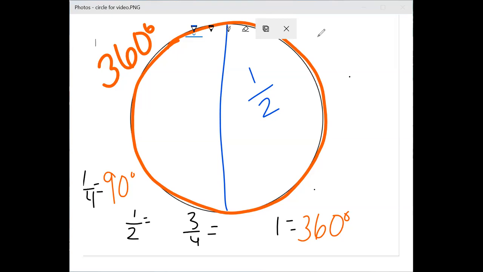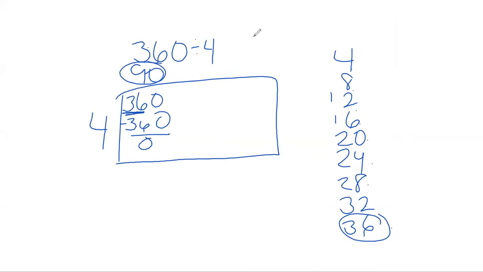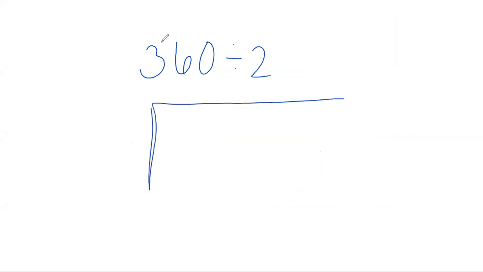So I'm going to come back here, I'm going to erase this, and we are going to now do 360 divided by 2, because that's how many of these angles would fit into 360 degrees. I'm not going to list my multiples though, because I can easily count by 2.